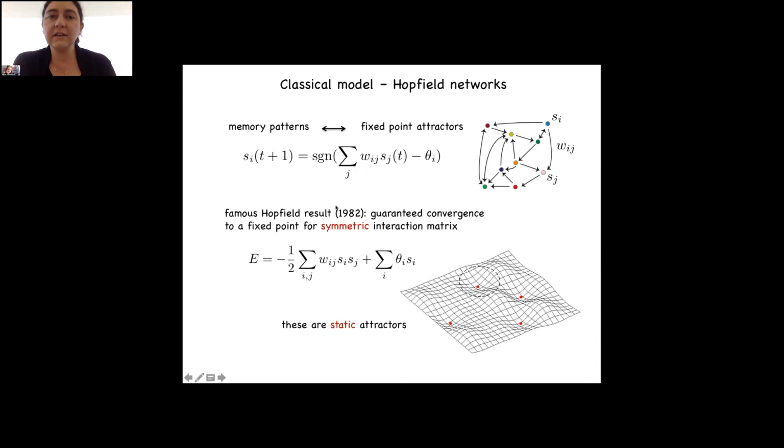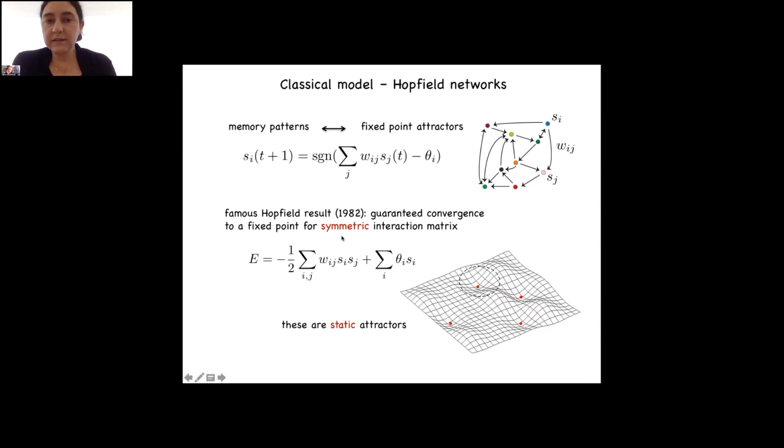In the case of the classical Hopfield model from the 80s, the state is typically on or off, so the neuron's either firing or not firing, and it's denoted by S_i of t. There's an update rule, which basically signifies the influence of other neurons in the network on the neuron in question. So the sum of W_ij S_j shows the influence of the recurrent interactions on the state of S_i, and then it is compared to some threshold in order to update the state.